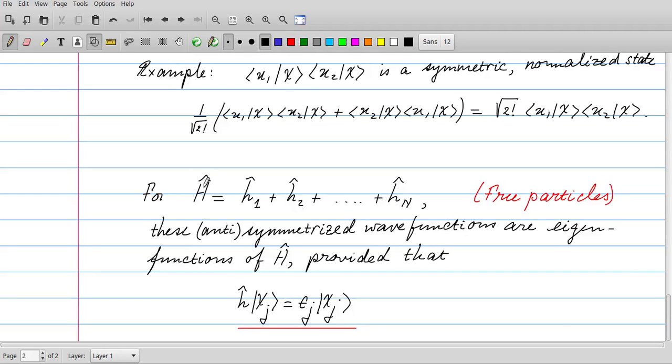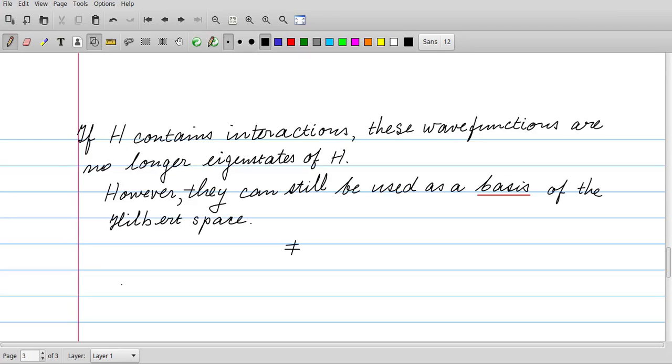Now generally we are interested also in interacting particles, and so you may ask yourself, what's then the use of these chi orbitals? Well, if the Hamiltonian contains interactions, then obviously these wave functions are no longer eigenstates of that Hamiltonian.